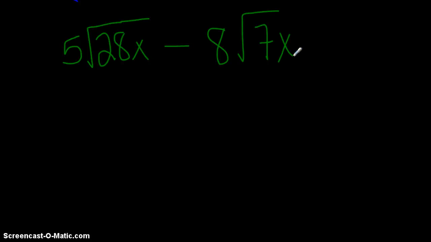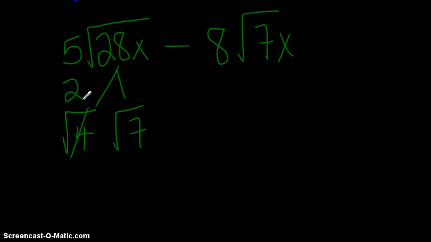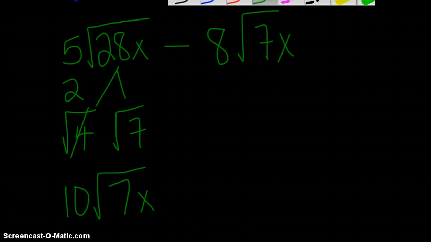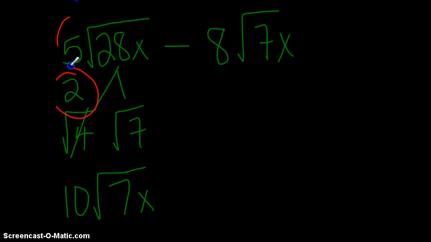Okay, so let's talk about what perfect square goes into 28. You should have said 4 and 7. So then my final simplified expression here is going to be 10 root 7x, because I multiply my 2 and my 5.